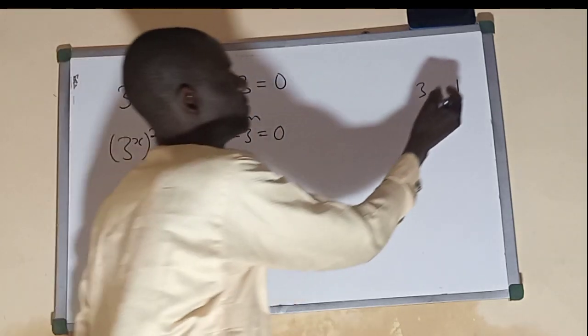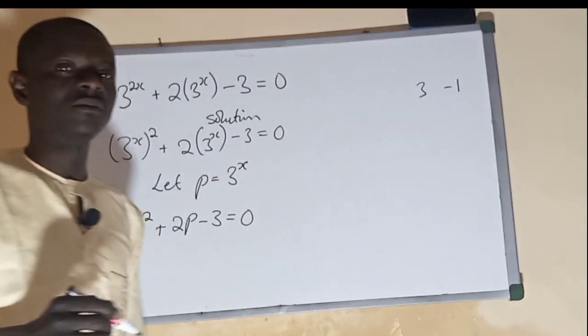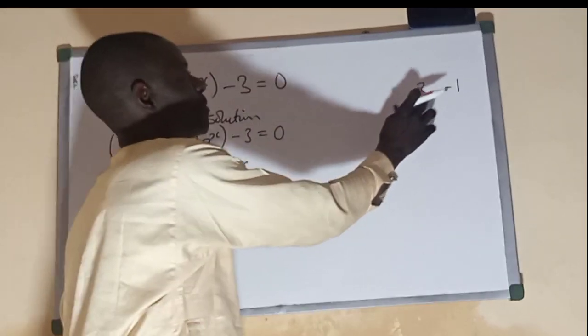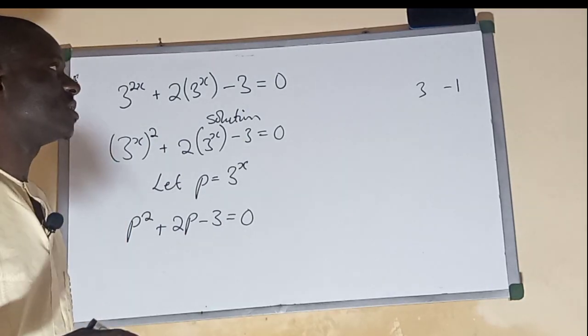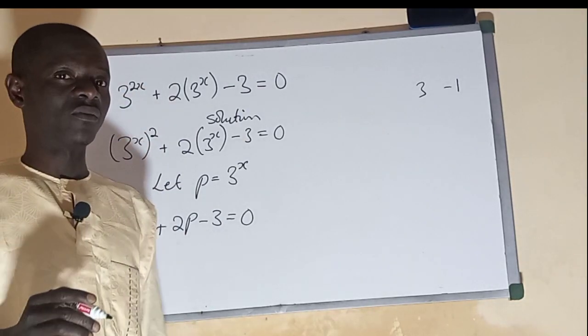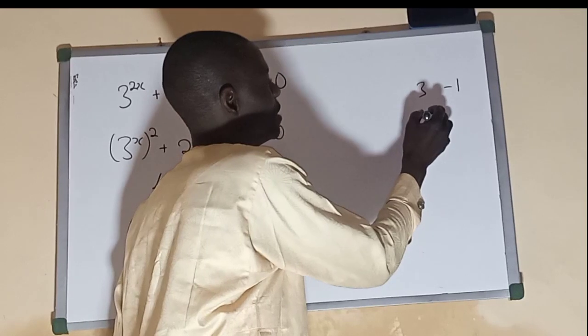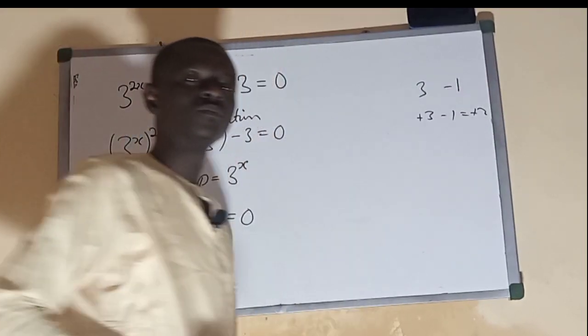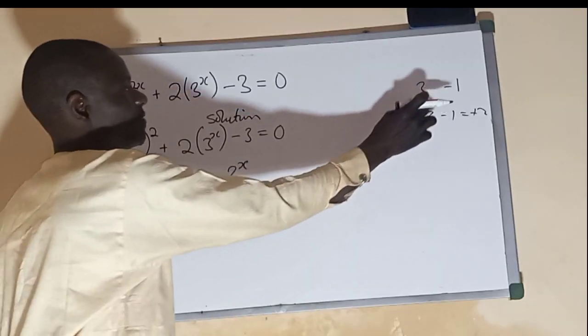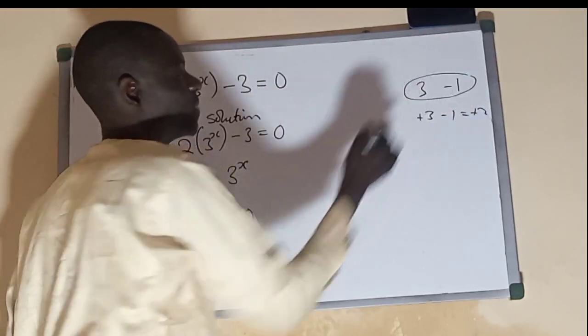If we add a minus to the 1, then 3 plus minus 1 will give us plus 2. I hope we are following, because plus 3 minus 1 gives us plus 2. So we already have the factors.